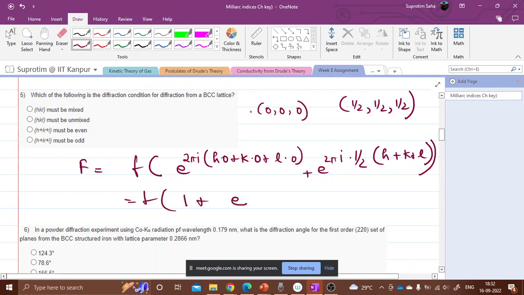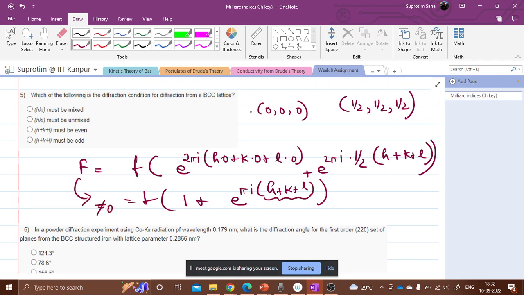Basically, for this to survive, for this not to equal 0, h plus k plus l must be even, because an even multiple of pi i will give you 1.